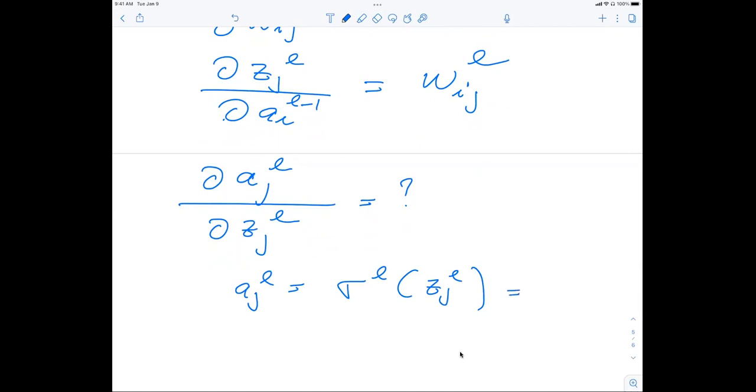So if this is a sigmoid, we could simply write this as 1 over 1 plus e to the minus z_j^L.